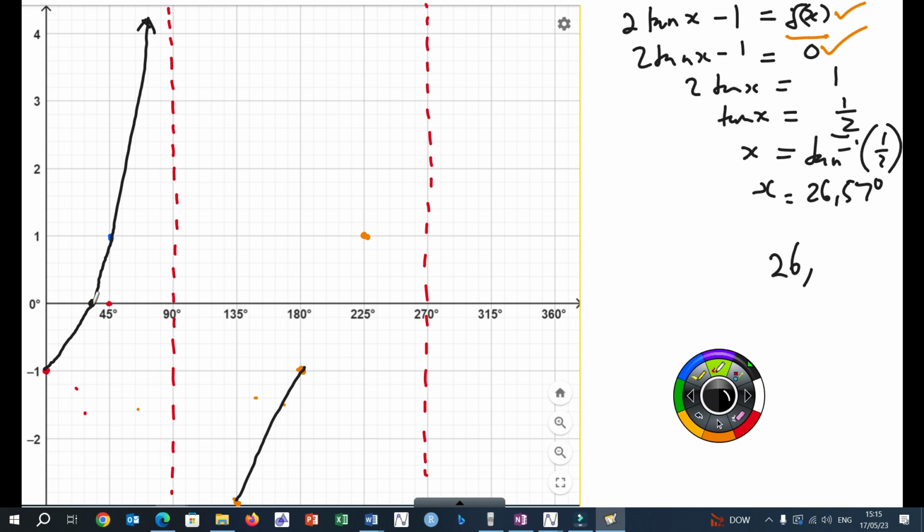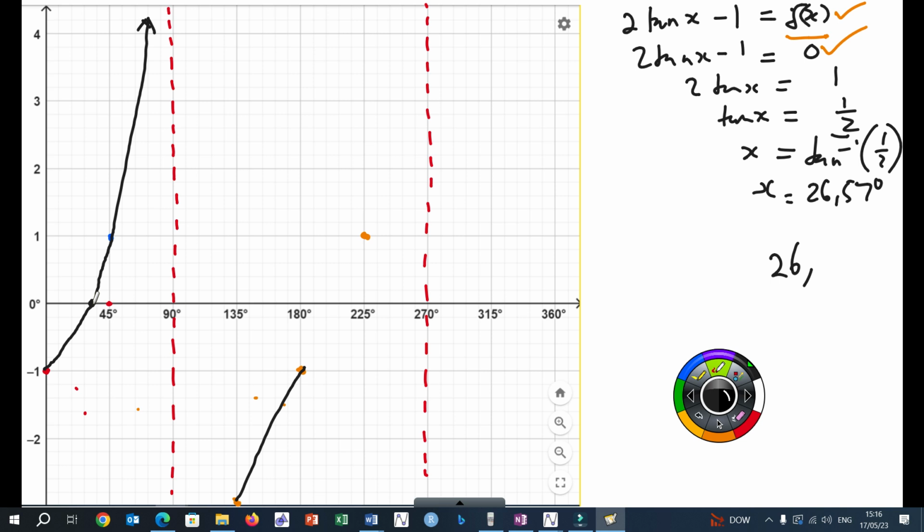So how can we use 26.57 to get the angle in the third quadrant? We say 180 minus that 26.57. So is 180 minus 26.57 going to give you an angle in the third quadrant? No, wait a second.